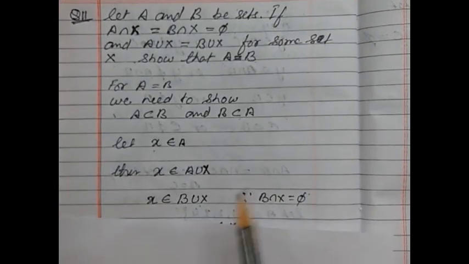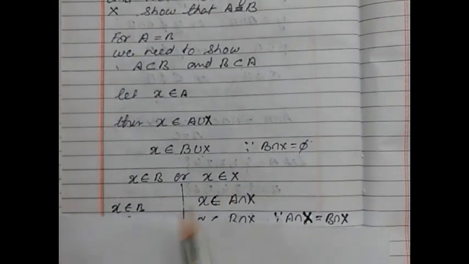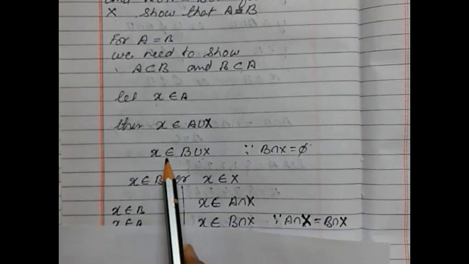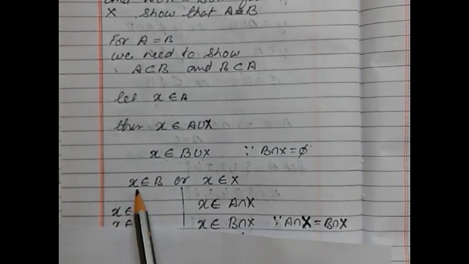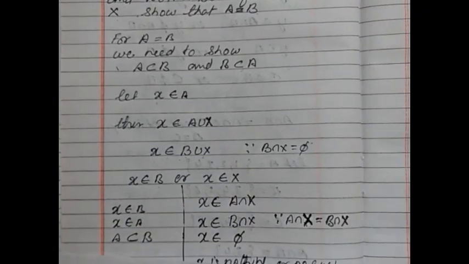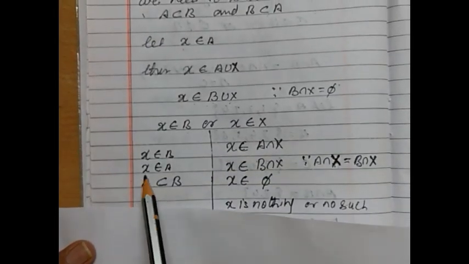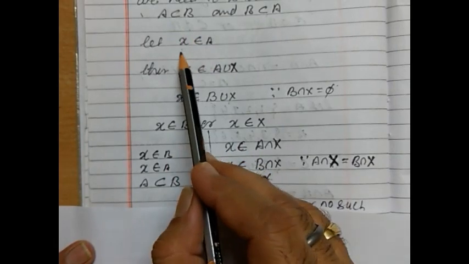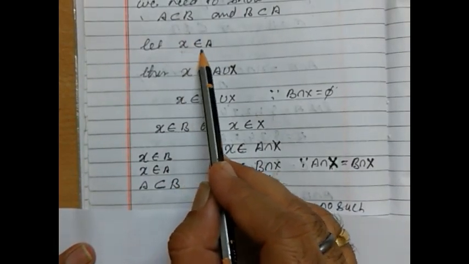We need to keep this in mind. Further, when x belongs to B union X, it will belong to B or it will belong to X. If it belongs to B, then it belongs to A also, as we have taken x belongs to A.